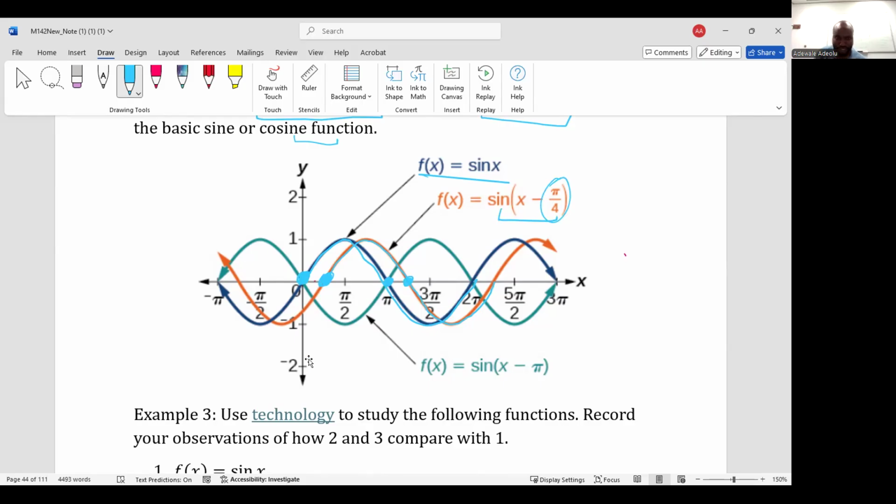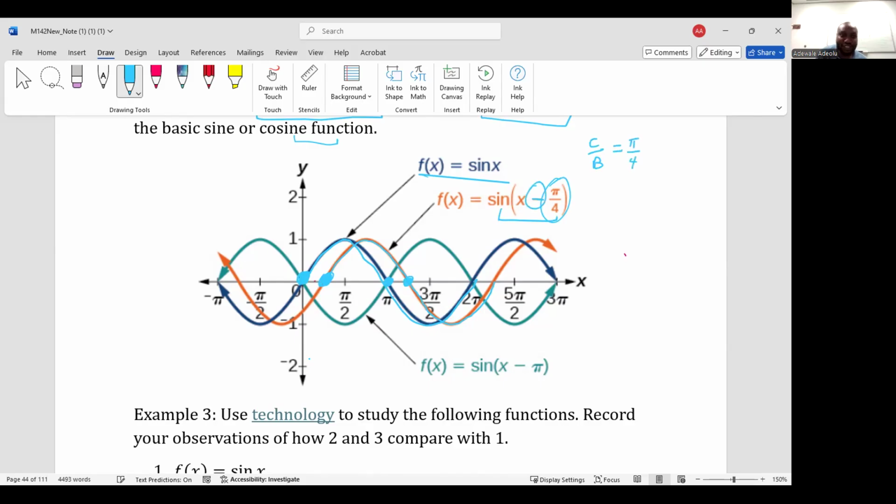Now, do not make a mistake, because this is where confusion comes for students. So let me clarify that. But this is negative. Why is it negative? And we are saying it is shifted to the right. The phase shift itself, C over B, is positive, pi over 4.